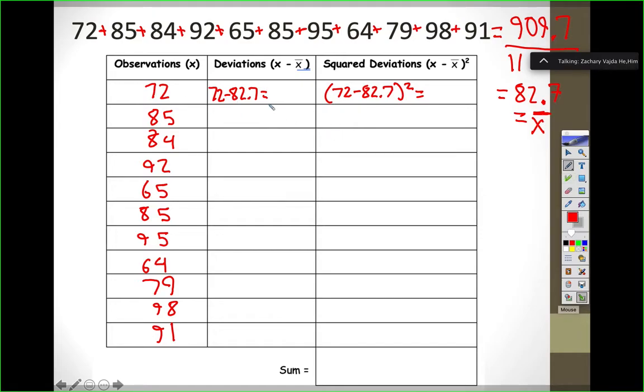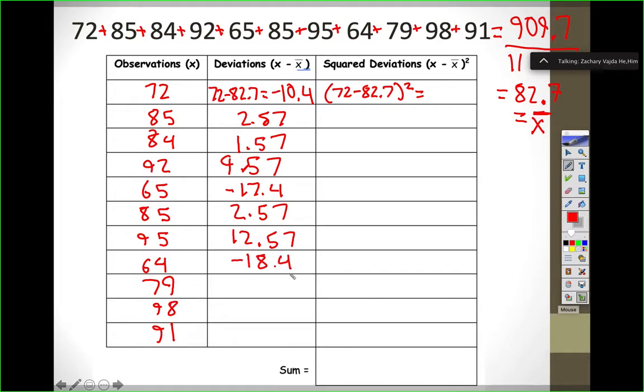So 72 minus 82.7 is negative 10.7. Then I have 2.3 for the next one. 84 is 1.3. Then 9.3. Negative 17.7. 2.3 again. 95 is 12.3. 64 is negative 18.7. 79 is negative 3.7. 98 is 15.3.